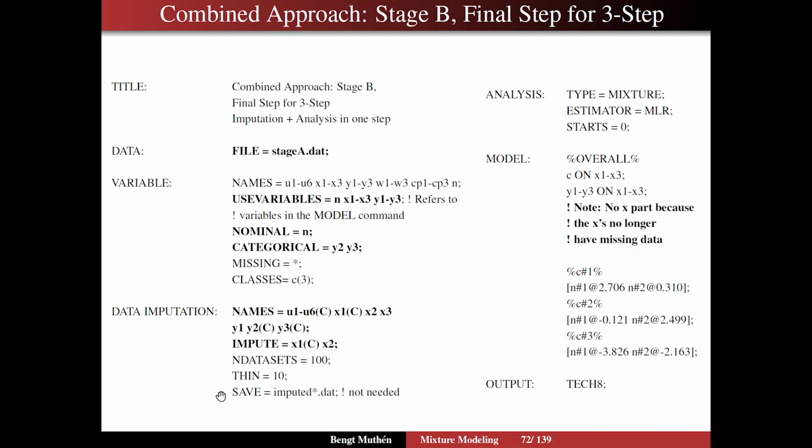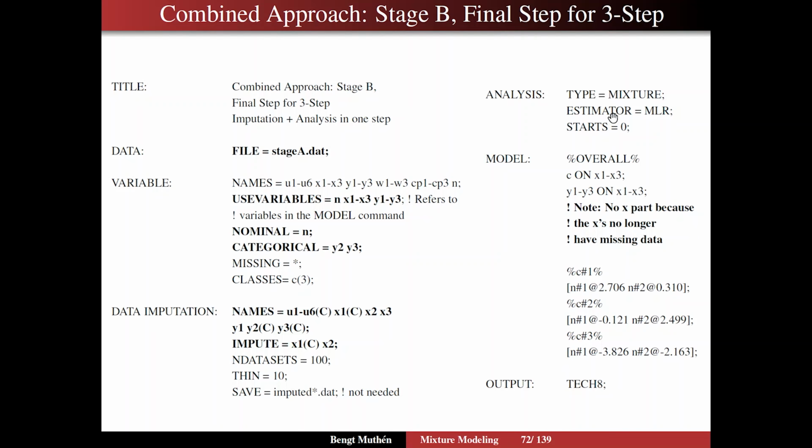It's probably sufficient. And here you can say that you want to save these imputed data if you think you're going to do a lot of analysis. If the imputation step took a long time, then it may be useful to save it. Otherwise, just do the imputation over and over again for every analysis variation that you want.